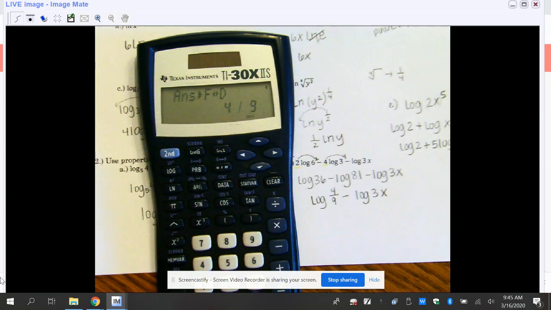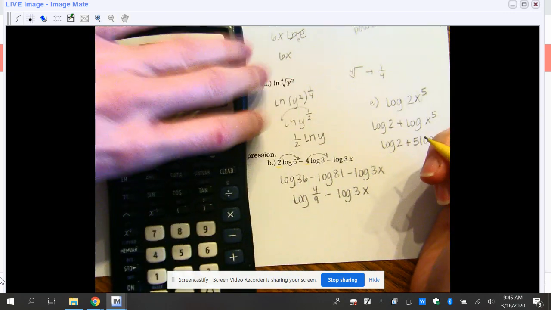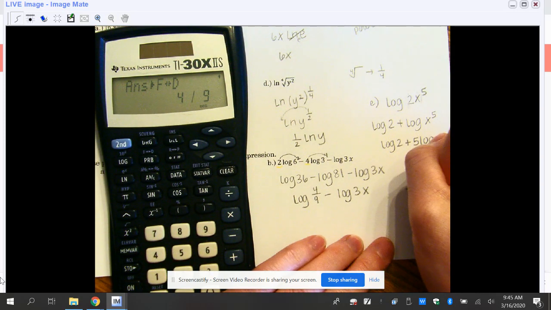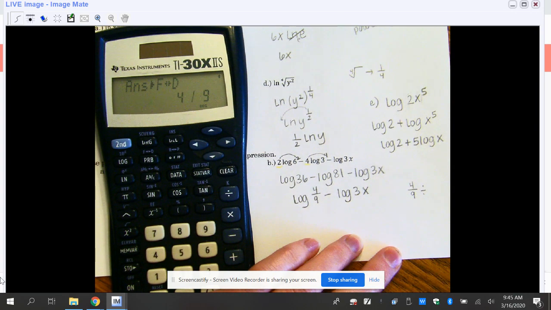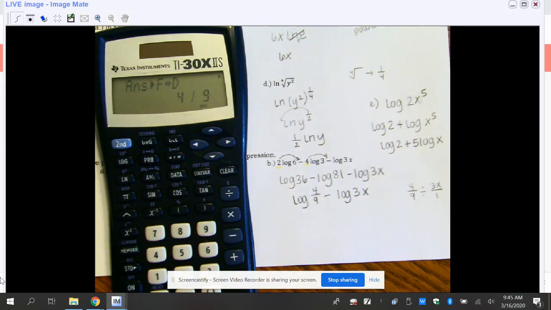minus the log of 3x, and we're going to be dividing here. So I'm actually going to work this out the old-fashioned way so that we can also review some fraction properties. So if I'm taking 4/9 divided by 3x, and that's really 3x over 1. When we divide fractions, we multiply by the reciprocal.